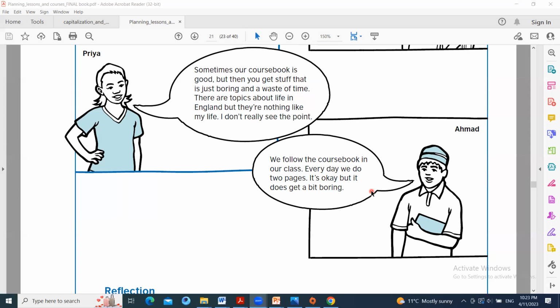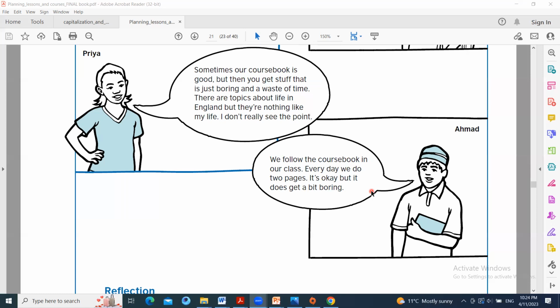After doing a few units from a course book, the units can start to seem the same. The designs are similar, and the types of activities are repeated. This can become boring and predictable.